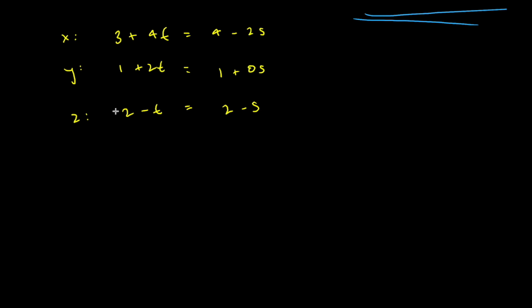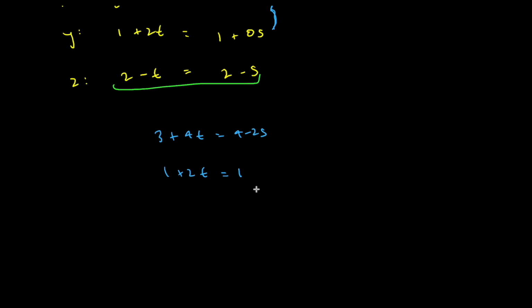So just from looking at this last equation, I know that the values of s and t are the same, meaning I just need to solve for one of them. Well, good thing I have two equations and two variables. All right, so the first one, we have 3 plus 4t is equal to 4 minus 2s, and 1 plus 2t is equal to 1. That's it.